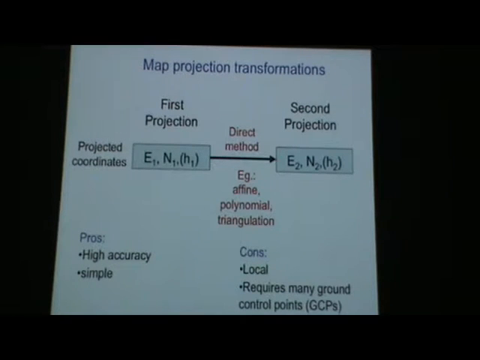The disadvantage of these direct methods is that they are usually suitable only for local transformations. You mean transforming one map sheet to another, or transforming different types of coordinates on a local area. The other disadvantage is that it requires many ground control points if you want a high accuracy transformation.